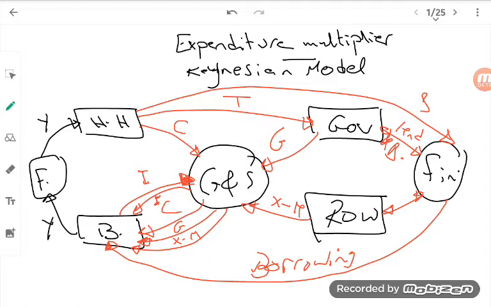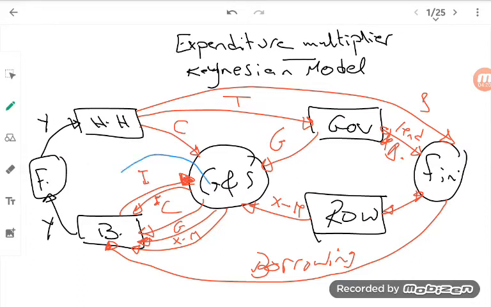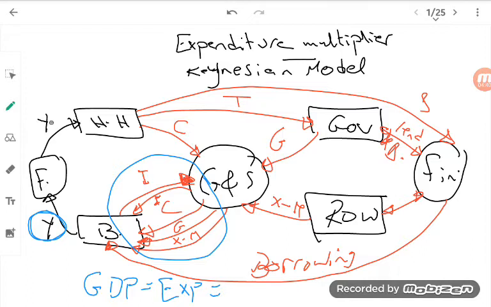From this figure, we can find that this is GDP using the expenditure approach. So GDP equals expenditure. At the same time, this expenditure is derived from income received by households.